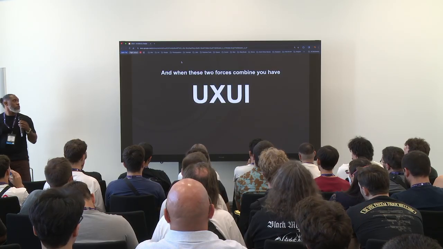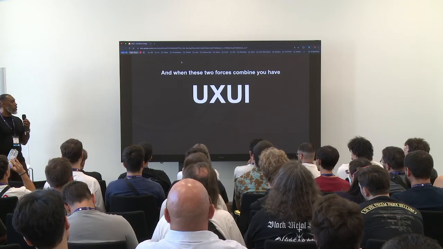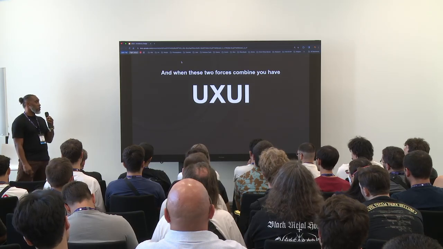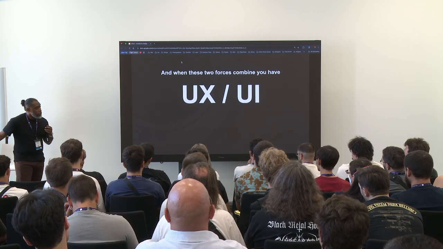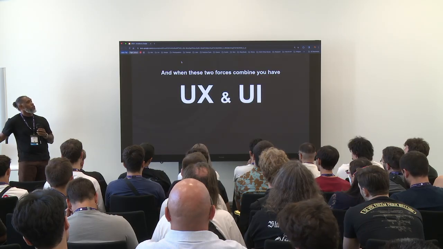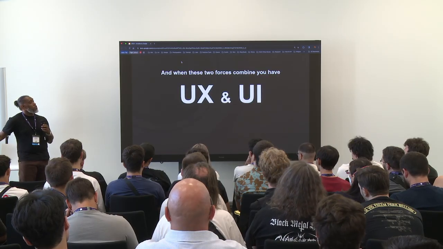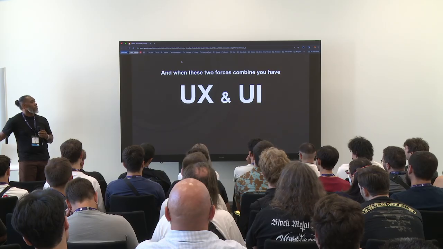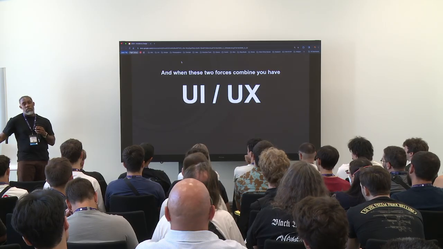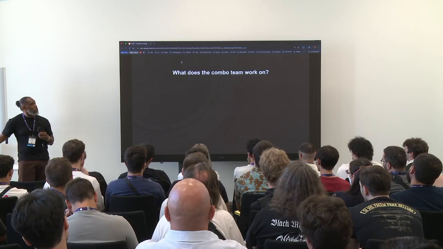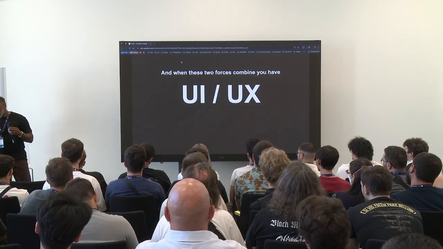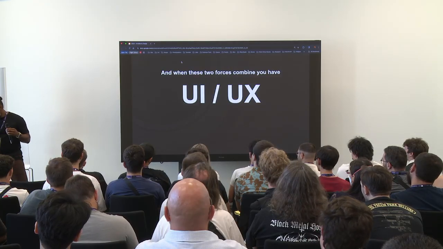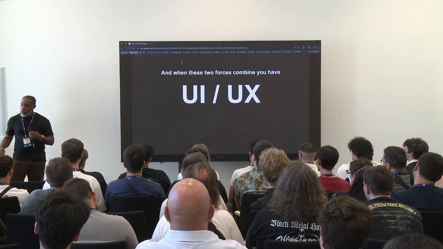And when those two forces combine, you have UX and UI, UX slash UI. I promise this is not a typo. UX and UI, and UI slash UX. There are a bunch of these terms, but they all pretty much mean the same thing to me.